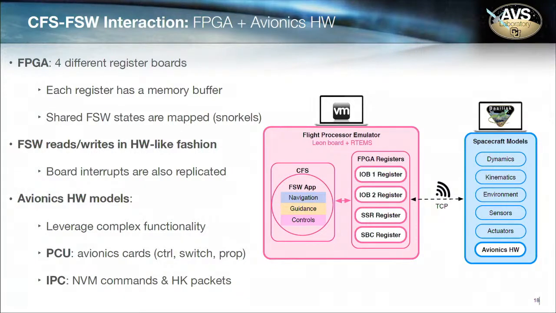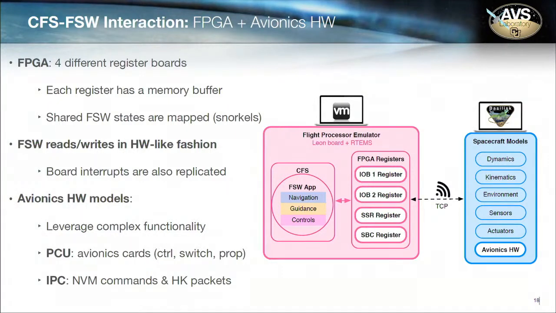And I'm going to refer to these shared flight software states as snorkels, in the sense that they are direct connection pipes to the internals of the CFS flight software application. So through these registers, flight software reads and writes in a hardware-like fashion that also replicates board interrupts. And together with the register modeling, we have expanded the spacecraft physical simulation with complex avionics hardware, which leverage some functionality that would otherwise have to happen within the register space as well.